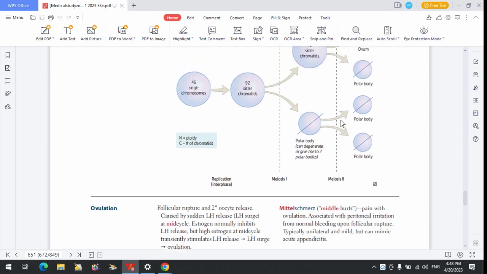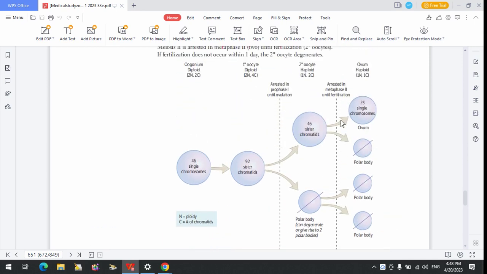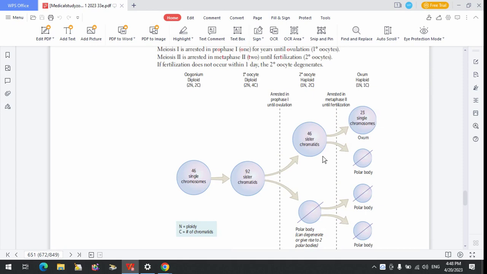You know that ovulation will have happened here, Dr. Francois. Ovulation marks the completion of meiosis 1. Once ovulation happens, meiosis 1 is completed to form the secondary oocyte, so you'll be at the level of secondary oocyte.